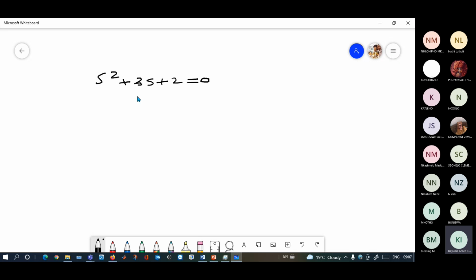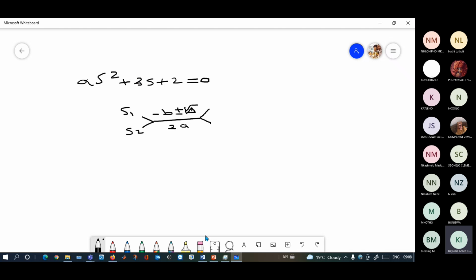To find the roots of this equation, S1 and S2 are going to be equal to minus b plus or minus the square root of delta, over 2a, where here there is a, which we can call that.